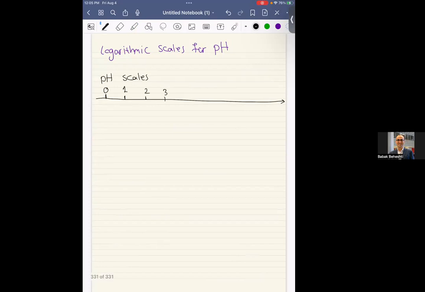And the intensity is like 10 to the power 0, 10 to the power 1, 10 squared, 10 cubed, and so on.